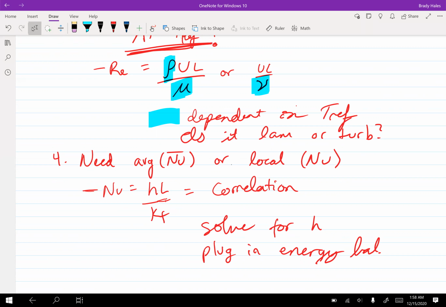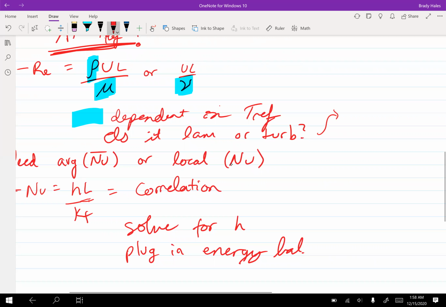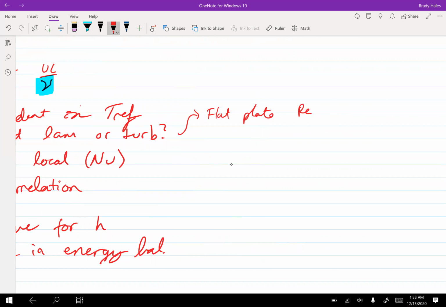So for a flat plate, the critical Reynolds number is about 5 times 10 to the 5th.